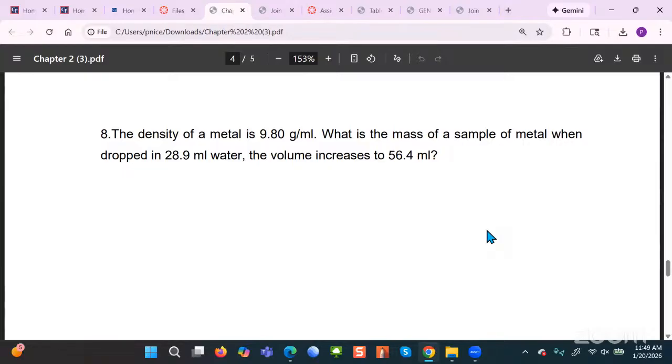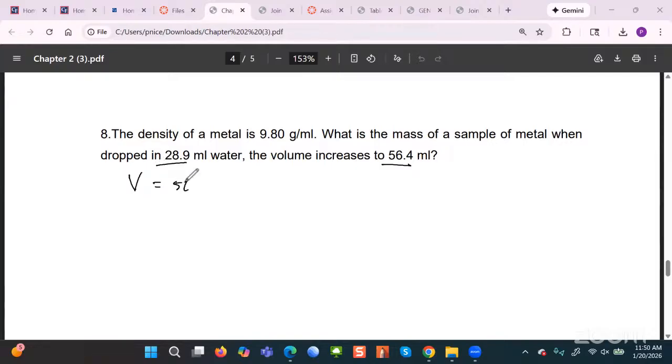It says that, well, first it gives you the density of the metal, and then it says that it's asking for the mass, and then it says it's dropped in 28.9 mils of water, and then the volume increases to 56.4 mils. So what that tells us is that the volume of the metal, write this down, is equal to the difference between the 56.4 and the 28.9.